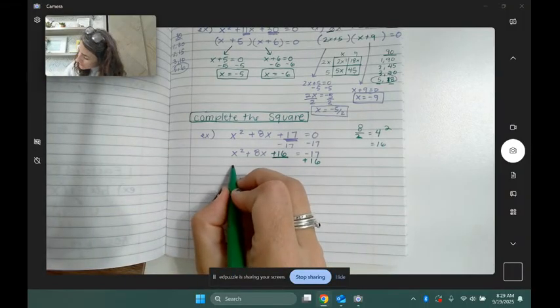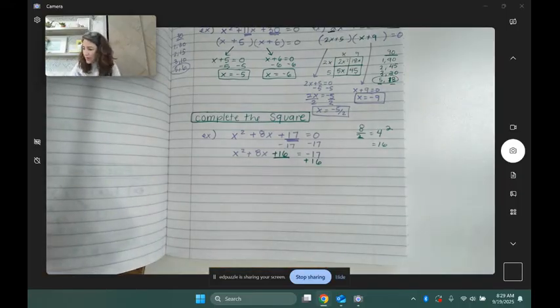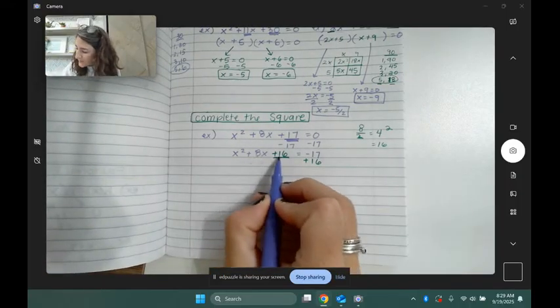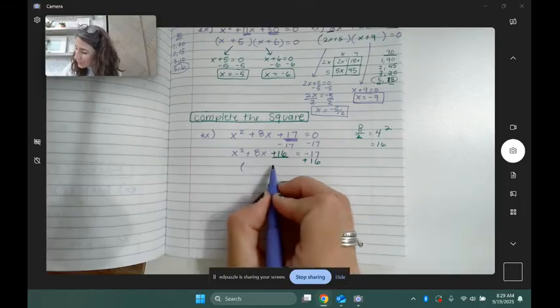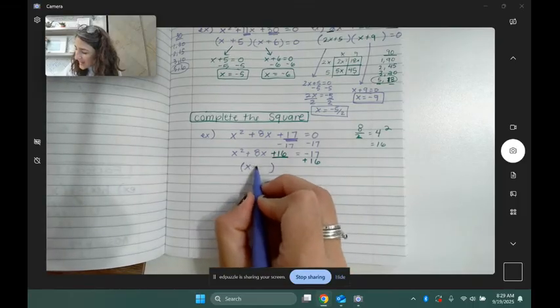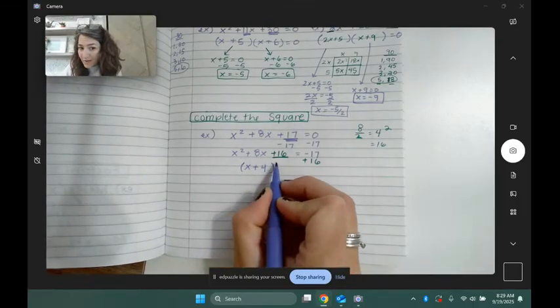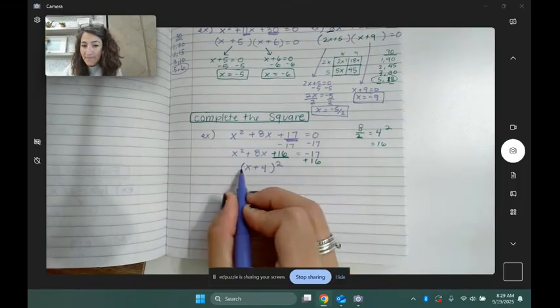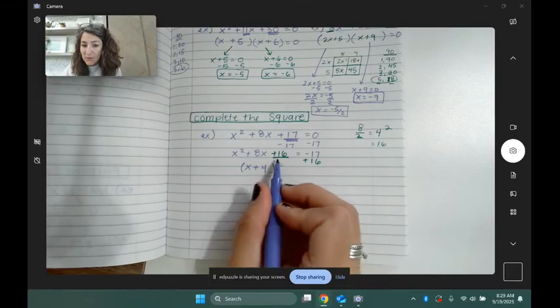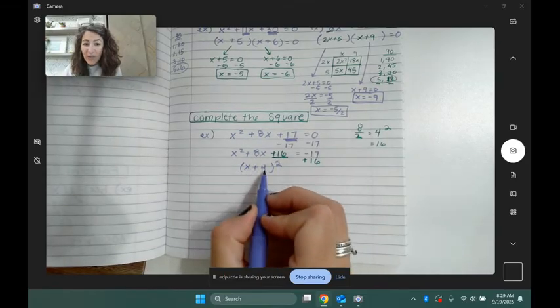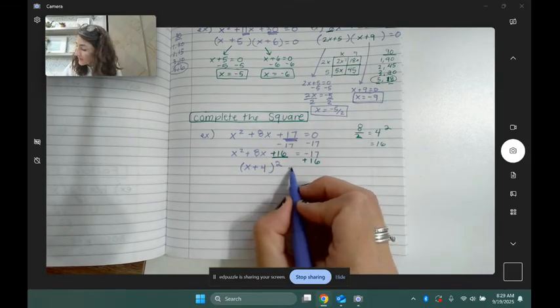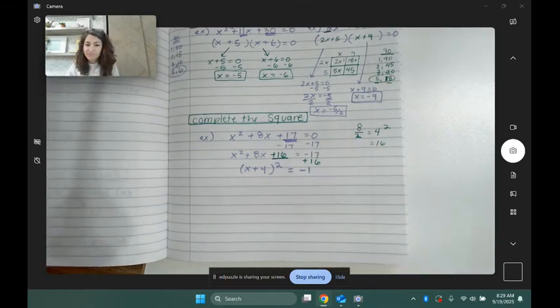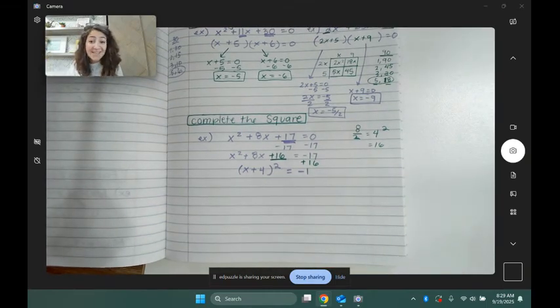So then this is going to be x squared plus 8x plus 16. I can write this as x plus 4 times x plus 4, because the two numbers that multiply to 16 and add to 8 are 4 and 4. Equals negative 1. Now, there's only one x in this situation.